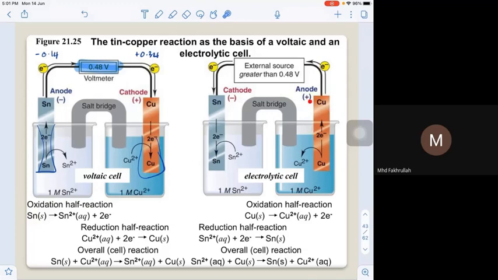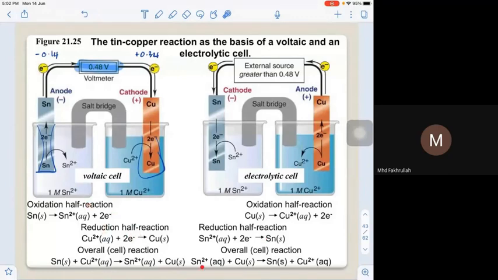If we calculate cathode minus anode, we will get negative 0.48. Therefore, Sn2+ turns to Sn solid and the copper turns to copper 2+, which is the opposite of the reactions in the voltaic cell.